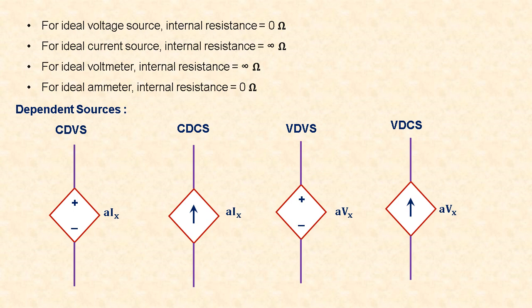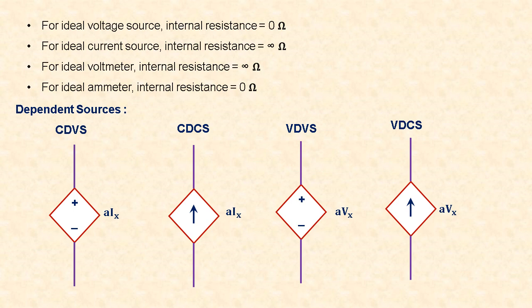Similarly, for ideal current source, internal resistance is equal to infinity ohms. For ideal voltmeter, that is voltmeter is an instrument to measure voltage, the internal resistance is equal to infinity ohm. Similarly, for ideal ammeter, the internal resistance is equal to 0 ohm.